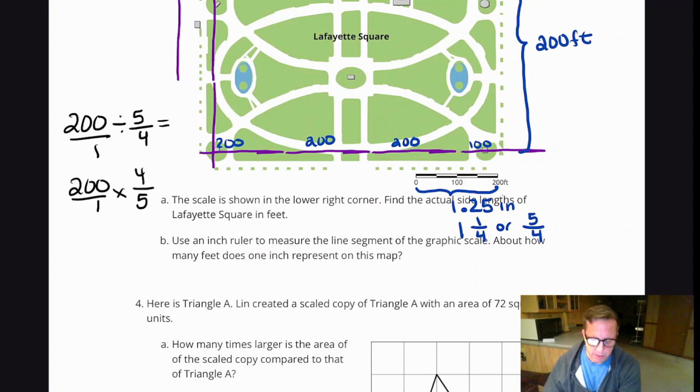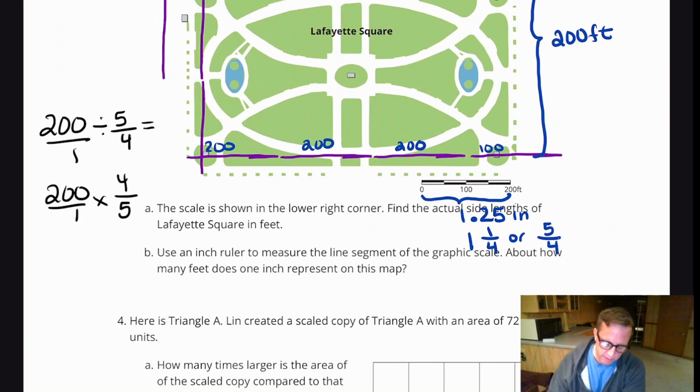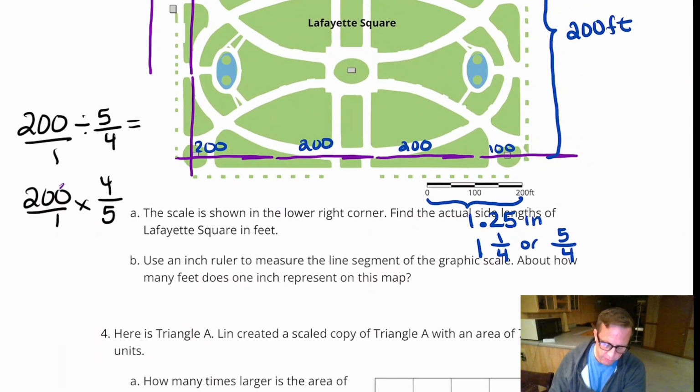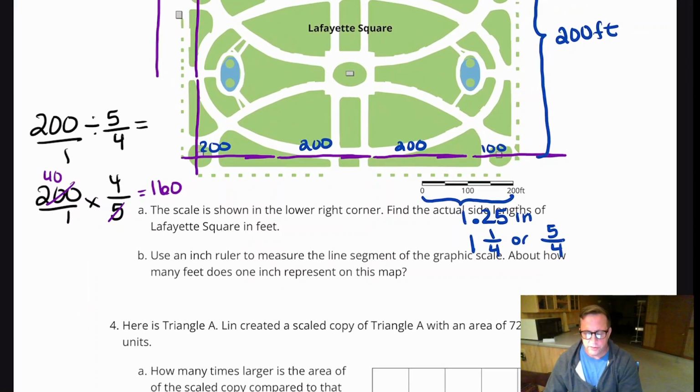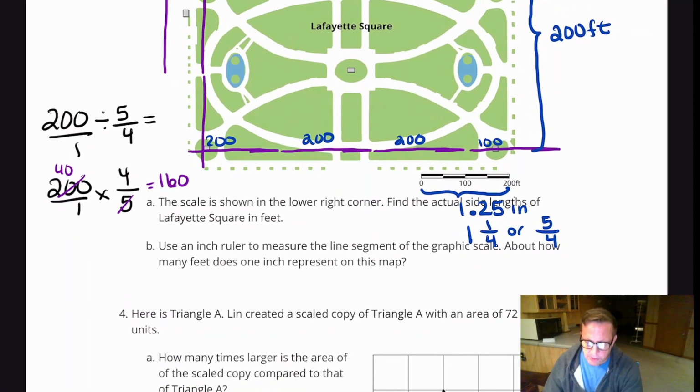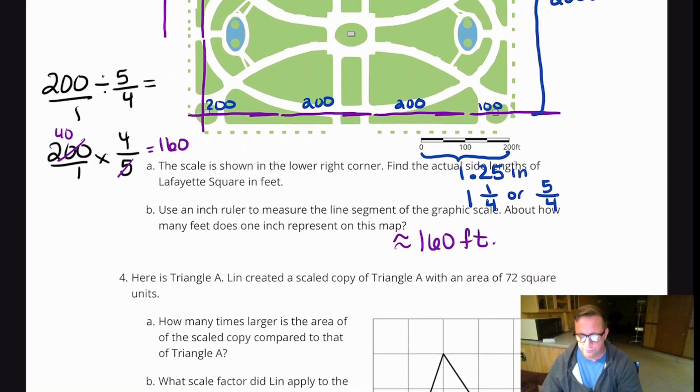Keep 200 over 1, change it to multiplication, flip the second fraction, and then I can cross cancel here. 200 divided by 5 is 40. So that's 160. So that makes sense. About how many feet does 1 inch represent? Yeah, I would say like about 160 feet. And I'm not perfect here, but I'm betting that's pretty close.